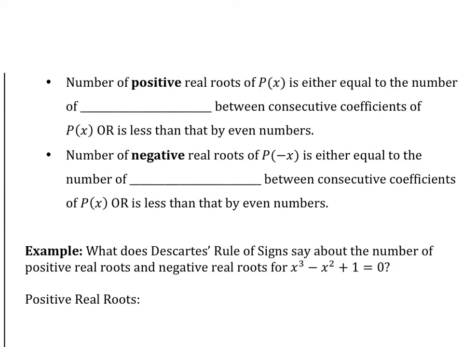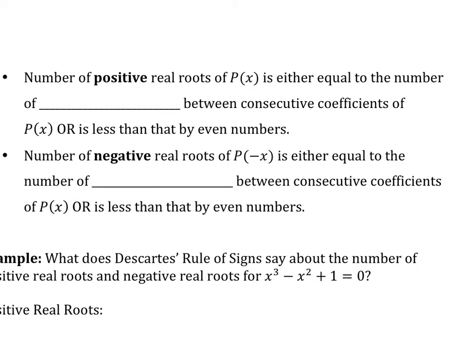Okay, so his rule of signs. He says the number of positive real roots of the polynomial is either equal to the number of sign changes between consecutive coefficients of p or less than that by even number. So I'll show you what that means.